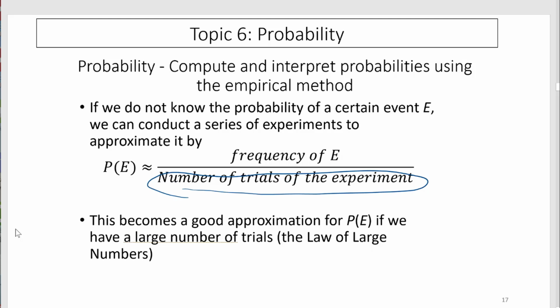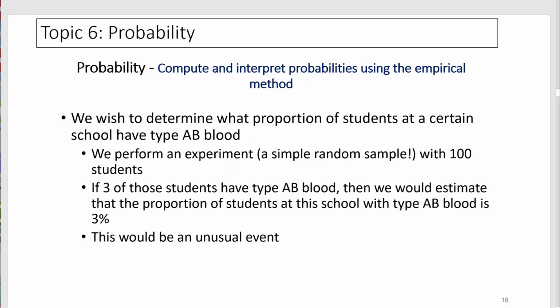That ratio of favorable cases, the frequency of E, to the whole number of cases that would be possible, the number of trials of the event, will become a good approximation for the probability of event E if we have a large number of trials. It's that idea of the law of large numbers. So how do we do this? Let's look at an example. We want to determine what proportion of students at a certain school have type AB blood.